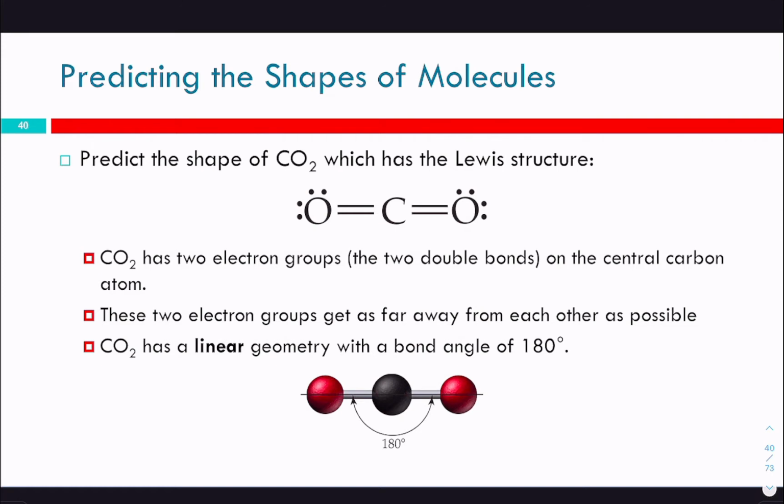It's just a straight line. When we have these 2 electron groups, the farthest they can get away from each other is on opposite sides of the carbon, or whatever the central atom happens to be. It doesn't have to be carbon. So that's a linear geometry with a bond angle of 180 degrees, all the way around on the other side.